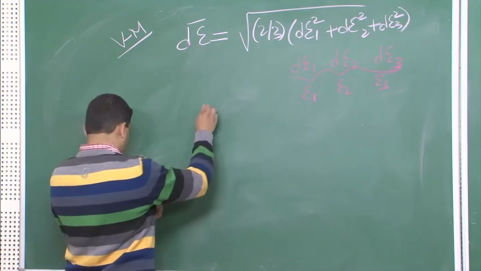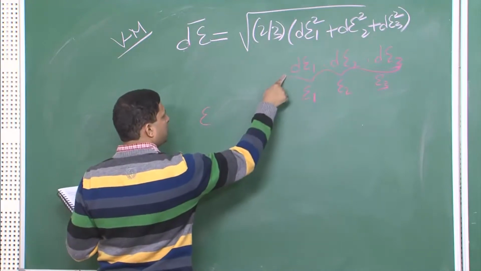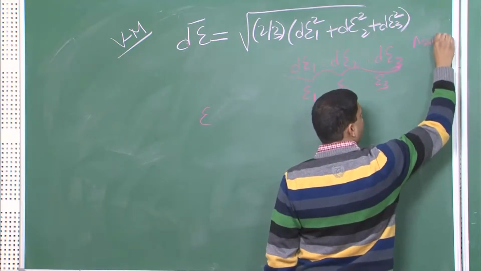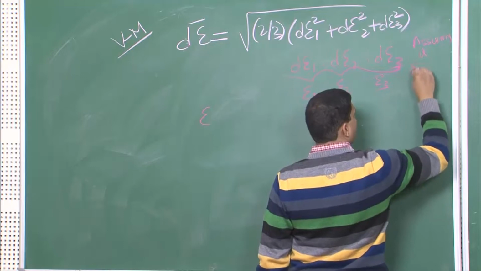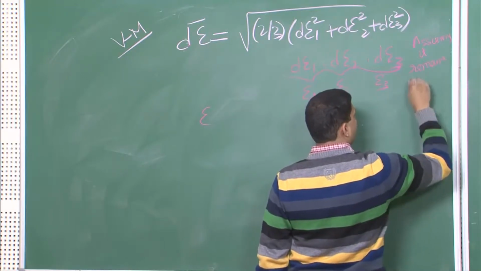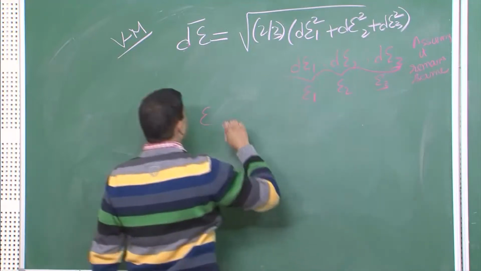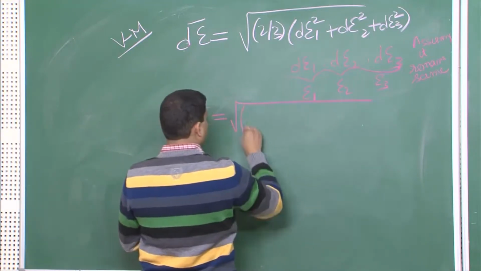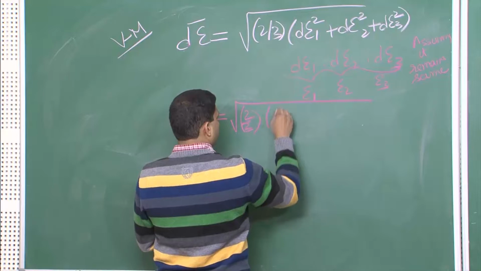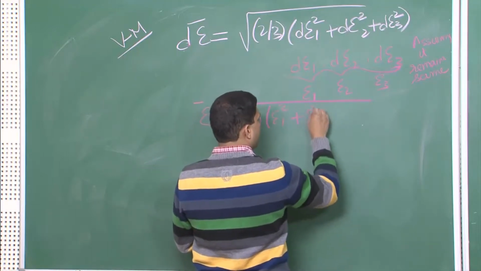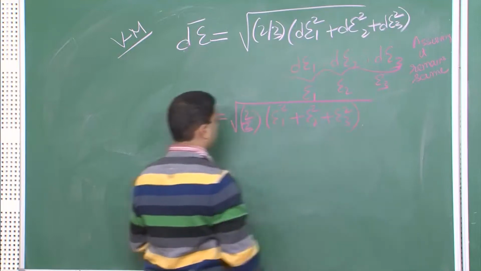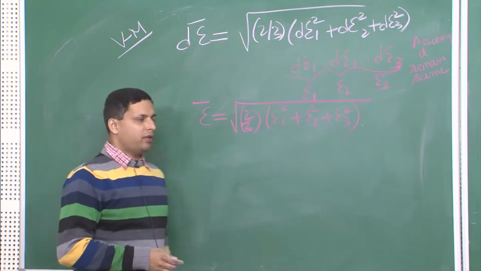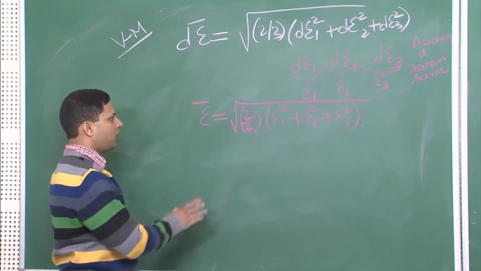Assuming that this proportion remains the same, we can have the total effective strain defined as the square root of 2/3 times epsilon 1 square plus epsilon 2 square plus epsilon 3 square. So, under certain conditions we are now able to get a relation for effective strain also.